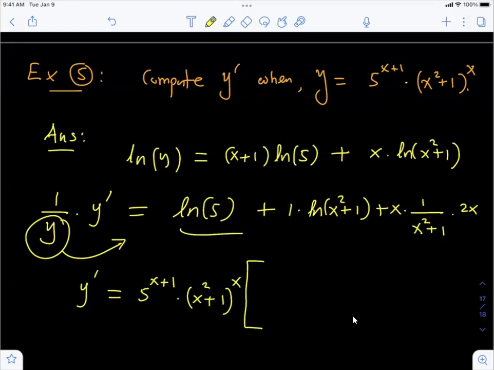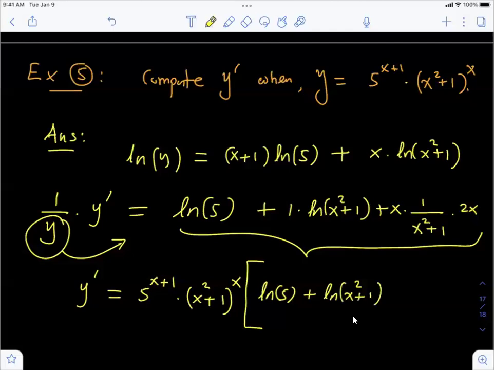Within brackets, I will have all of these terms: ln 5 plus ln(x squared plus 1) plus x times 2x will result in 2x squared, which is divided by x squared plus 1. And that's our final answer. There are no further meaningful simplifications that we can suggest in this scenario.